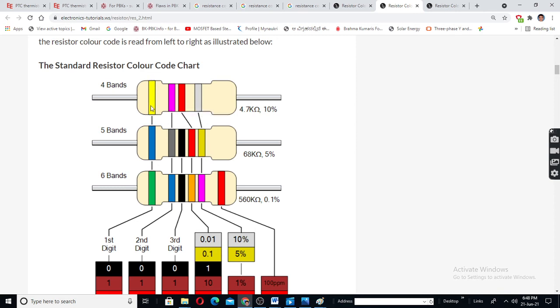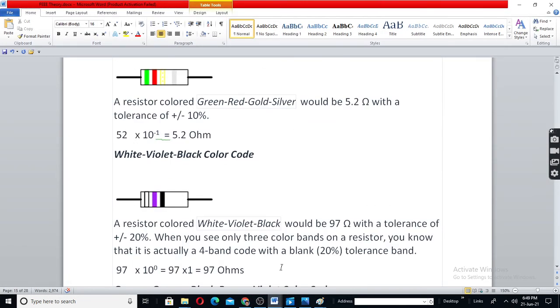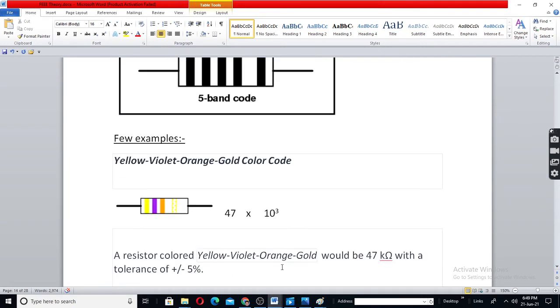Four bands here: yellow, 47, 4.7 kilo ohms. So this is yellow, and yellow means 4. Next you have 7. This is violet.